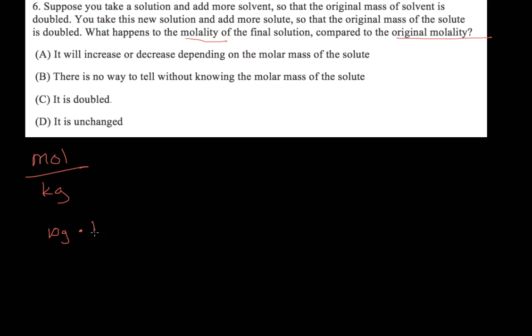so we can just flip that and say 1 mole per gram, and we want to keep this simple. We want moles in the top because we're going to have down here some mass in kilograms.